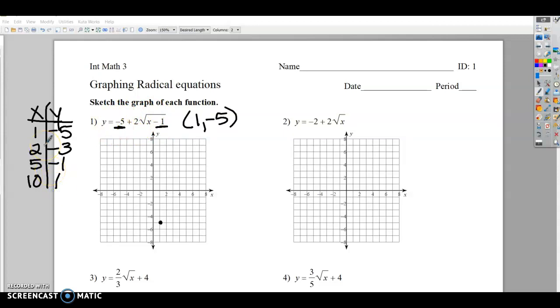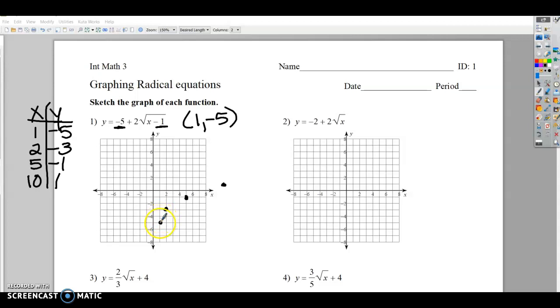So let's graph these and see what we have. So we're going to have 2 and negative 3. 5 and negative 1. And then 10 is going to be on out here a little bit and then up 1.